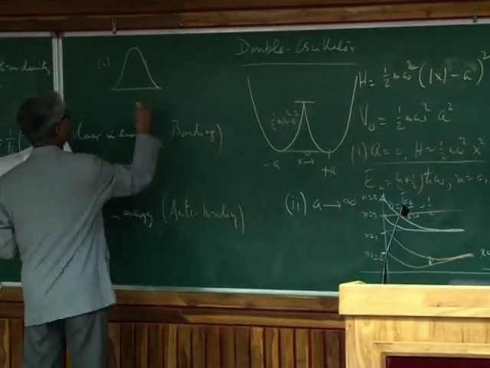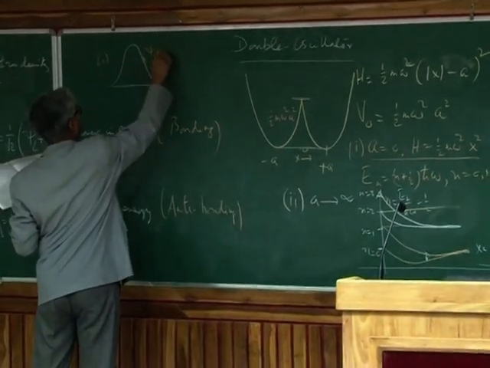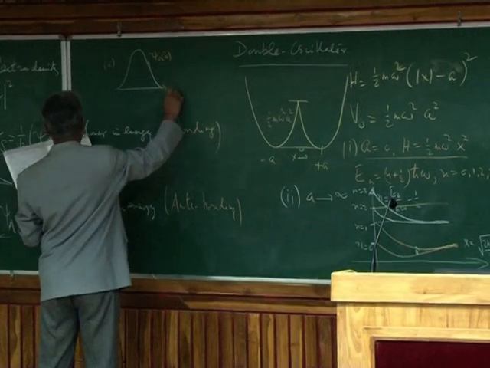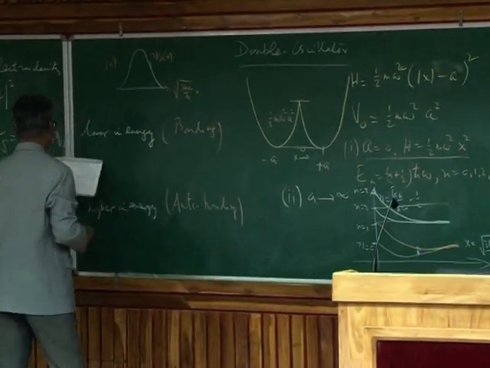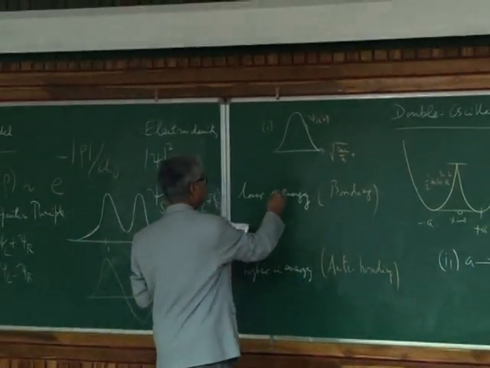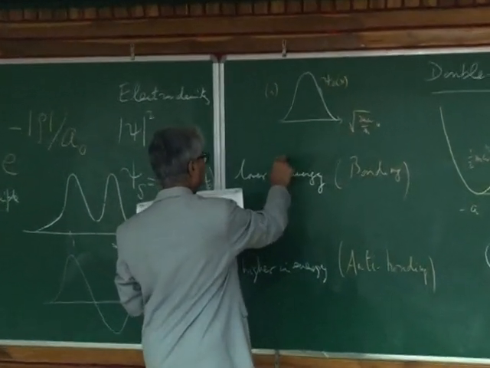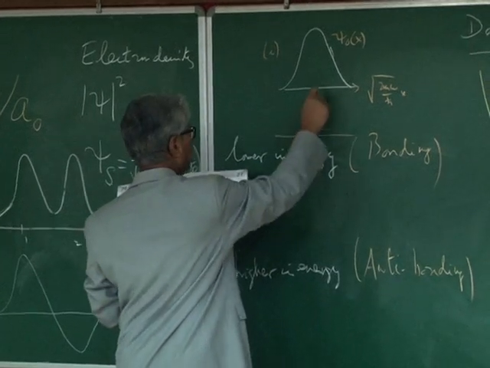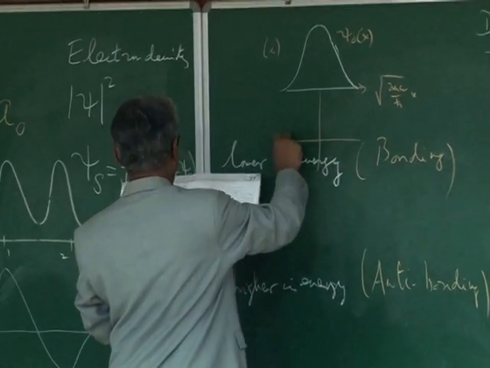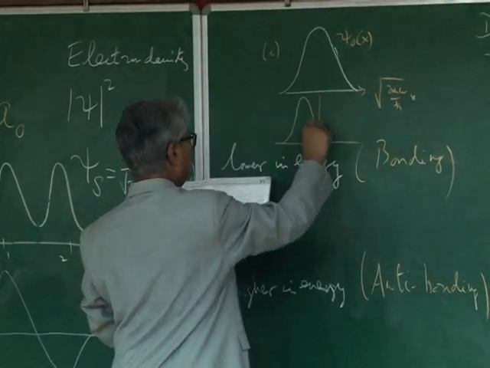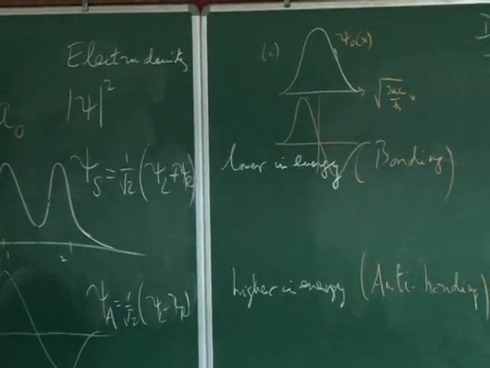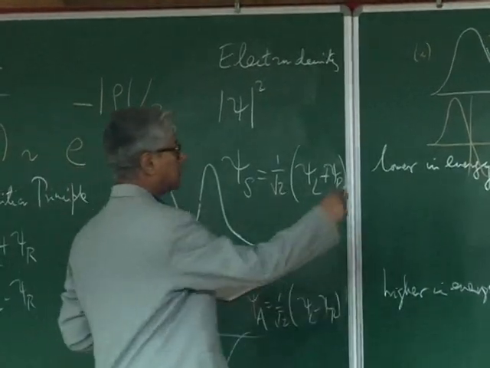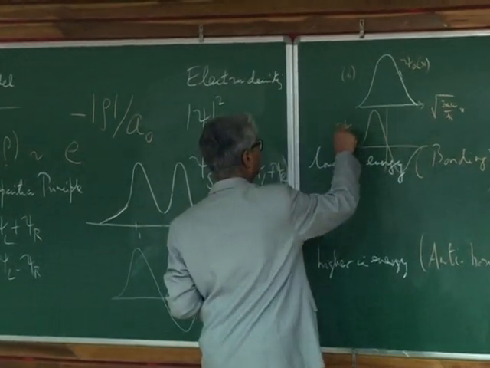This is called psi 0 of x, and I'm plotting it versus square root of 2m omega over h bar times x. The first excited state wave function for the harmonic oscillator has this structure. It's very similar to what you saw earlier. It's the antisymmetric part. This is the first excited state for a single harmonic oscillator.